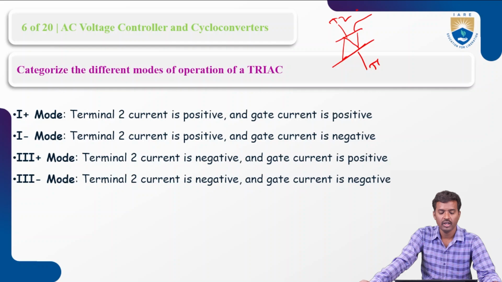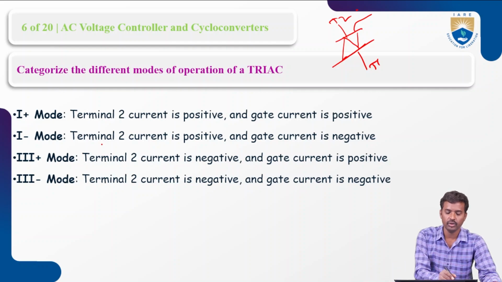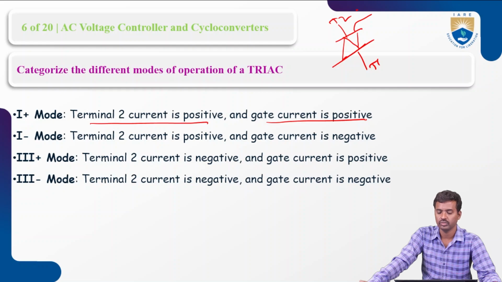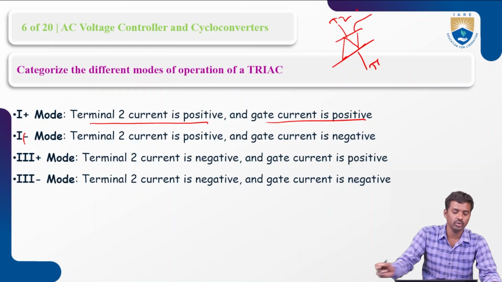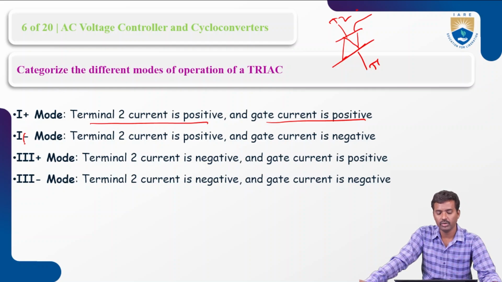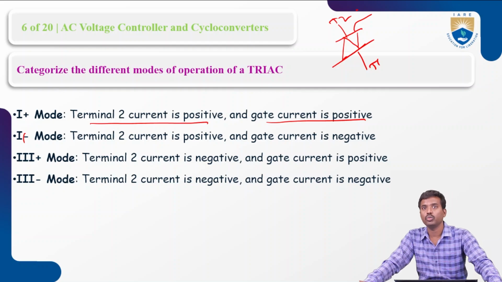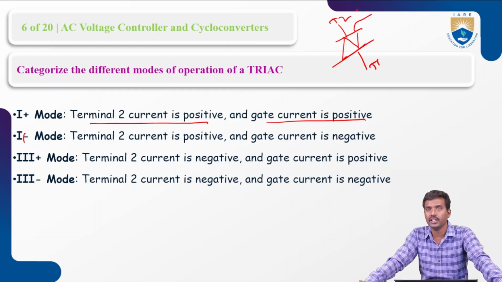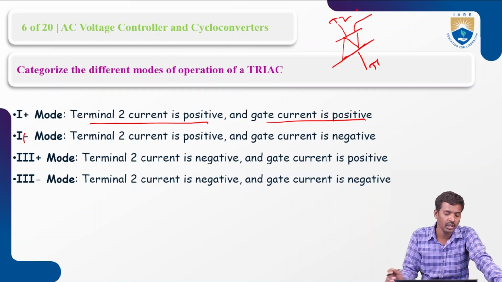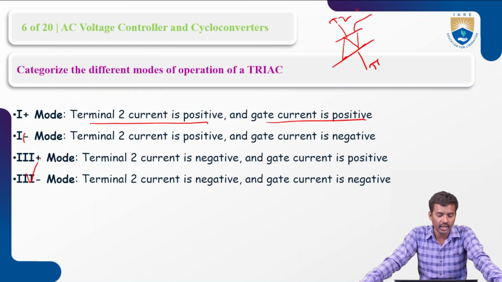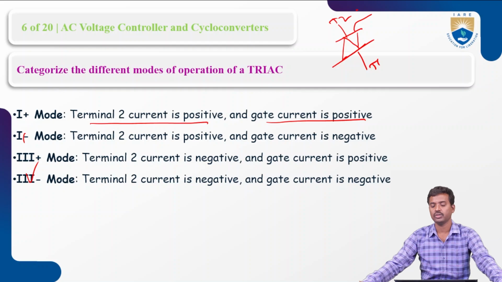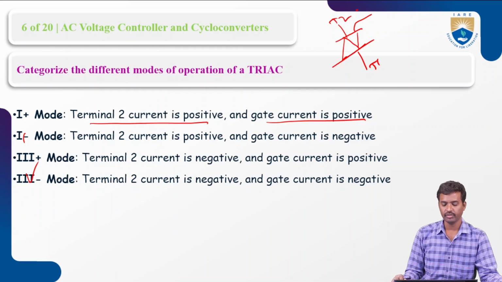Mode 1: T2 terminal is positive and gate is positive. Mode 2: T2 terminal is positive and gate current is negative. Mode 3: T2 is negative and gate current is positive. Mode 4: T2 is negative and gate is negative. These are the 4 modes of operation of the triac.